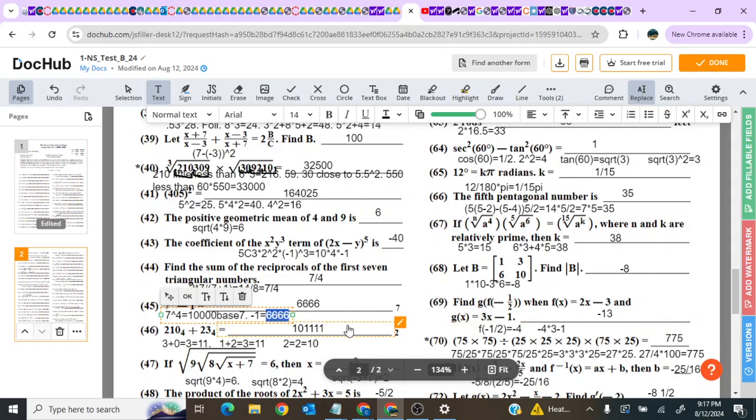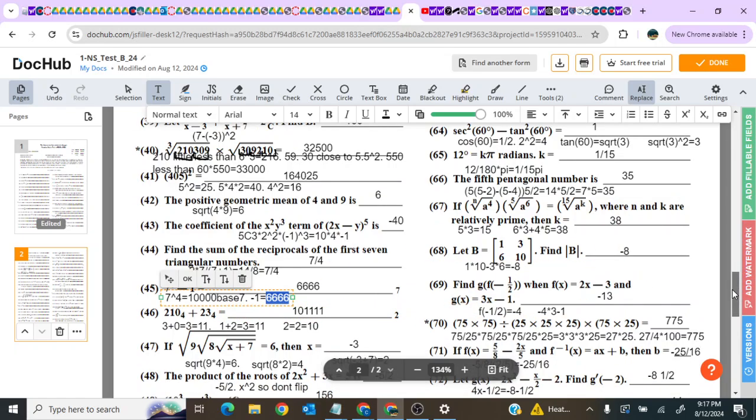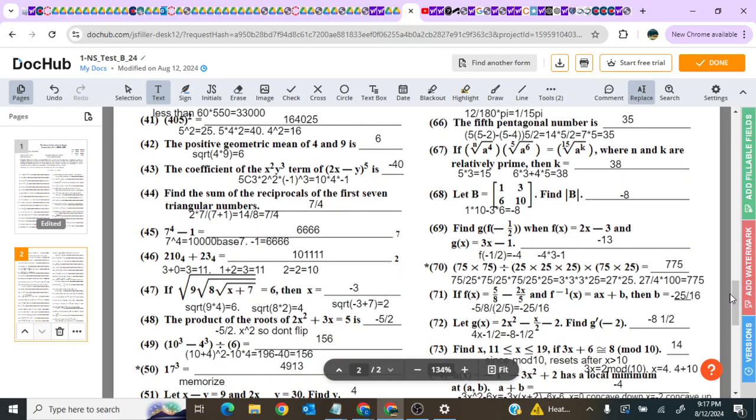46, 210 base 4 plus 23 base 4 is what in base 2? Well, okay. So we're going to be converting base 4 to base 2 as we go along. Let's start with the ones place in base 4. 0 plus 3 is 3 in base 4. Convert 3 to base 2, and you will get 1, 1, because 2 times 1 plus 1 is 3.